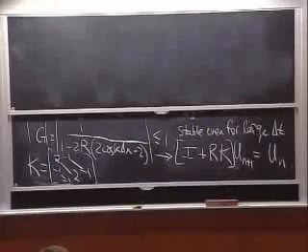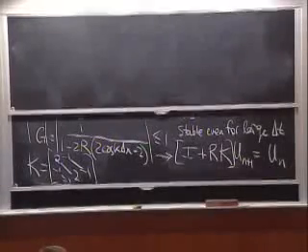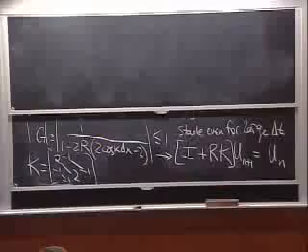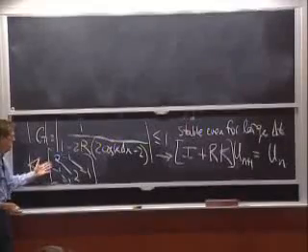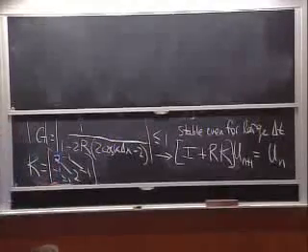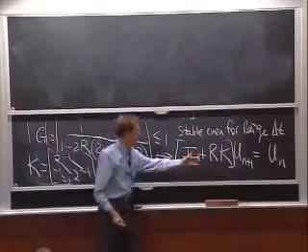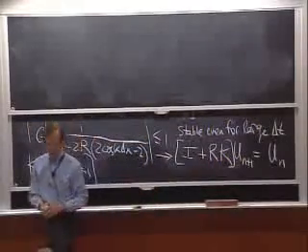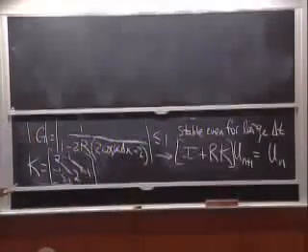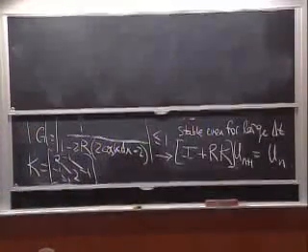Well, actually, in one dimension, no problem. Because in one dimension, K is just a tridiagonal matrix, and we can solve tridiagonal systems almost as fast as we could work with the identity matrix.